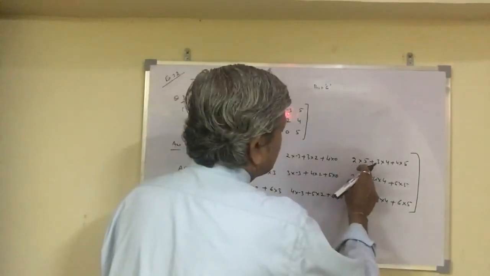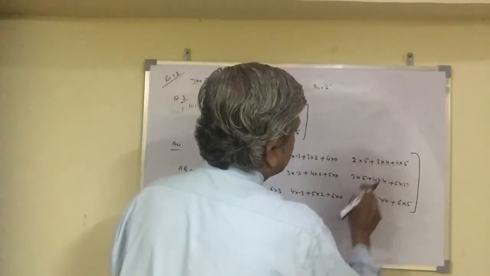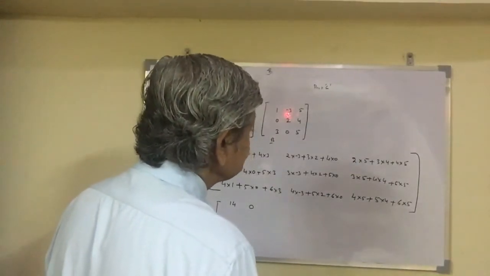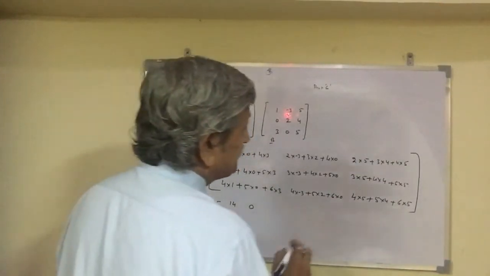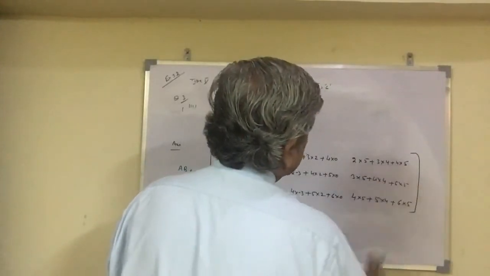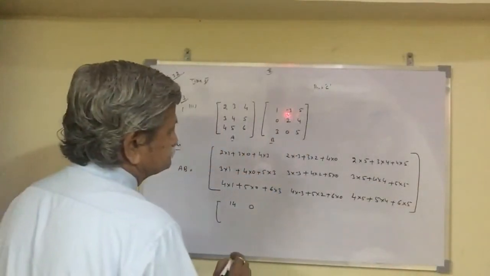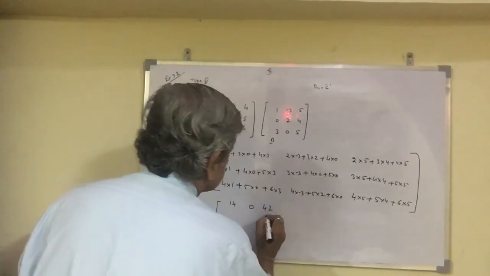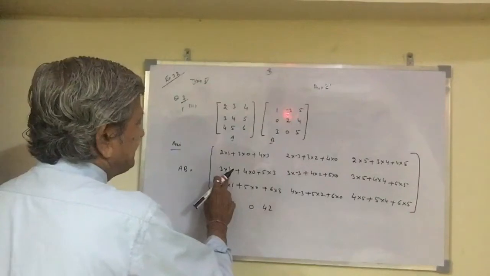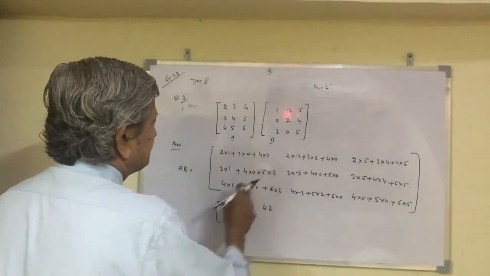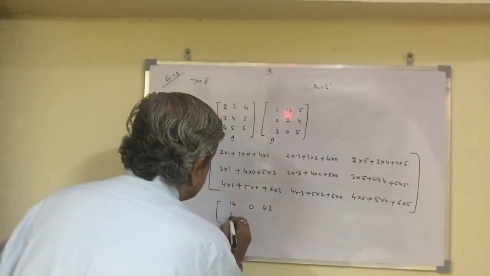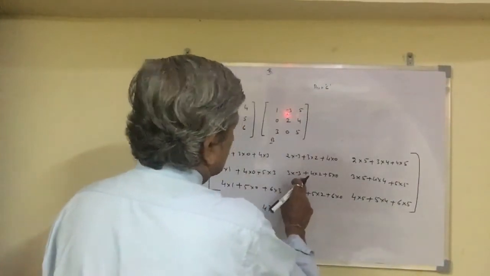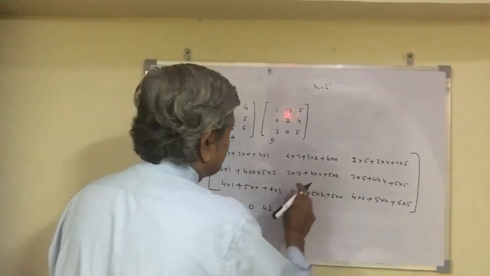Then here 5 to 10, 10 and 12, 22, 22 and 20, this is 42. Now here 3 and 15, so 18 is here. Then 9 and 8, so minus 1 is here.